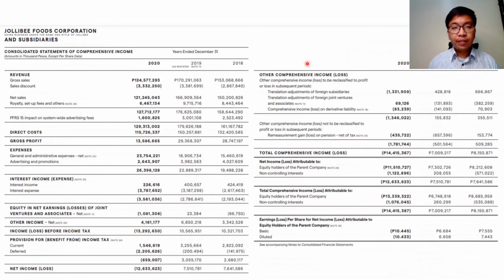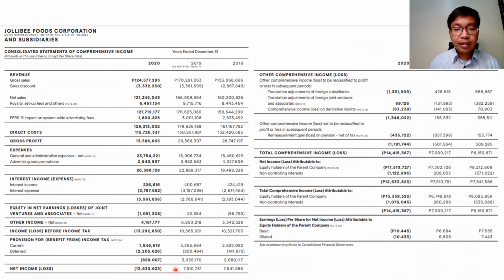Next we have the consolidated statements of comprehensive income. So as earlier said, in this section we'll be able to see the revenue and the expenses of the company. That's why the bottom line would be the net income or the net loss.